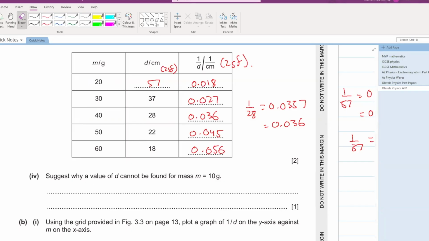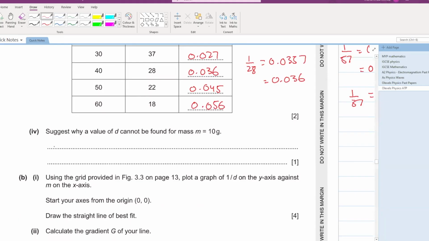You can say here that if we take mass as 10 gram, there will be no balance point, or you can say D will be outside the meter rule. You can say if mass is equal to 10 grams, the value of D will be greater than 75 centimeter.